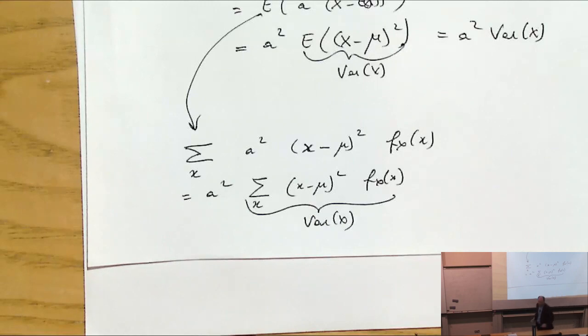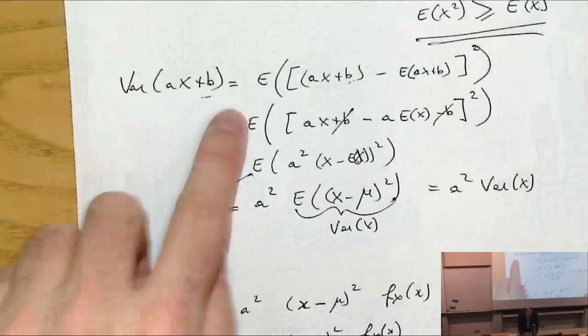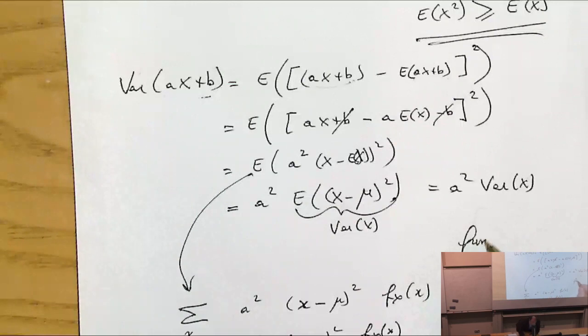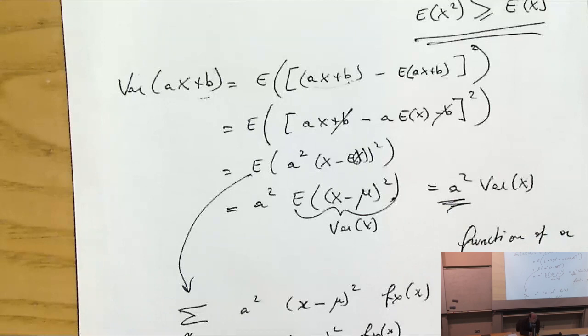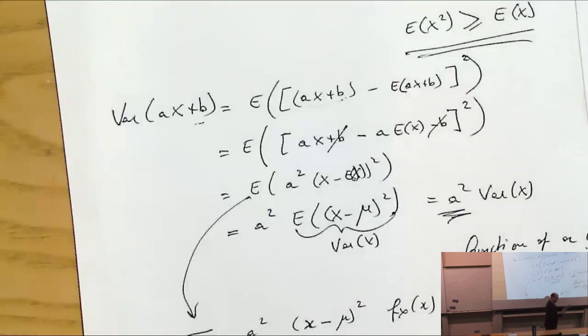Right, so what do you see here? That quantity is a function of a. But it's not a, it's actually a squared. But it's not a function of b. So if you take a random variable x, you scale it by a and you shift it by b, the variance will change according to the value of a, but it will not be a function of this shift b.